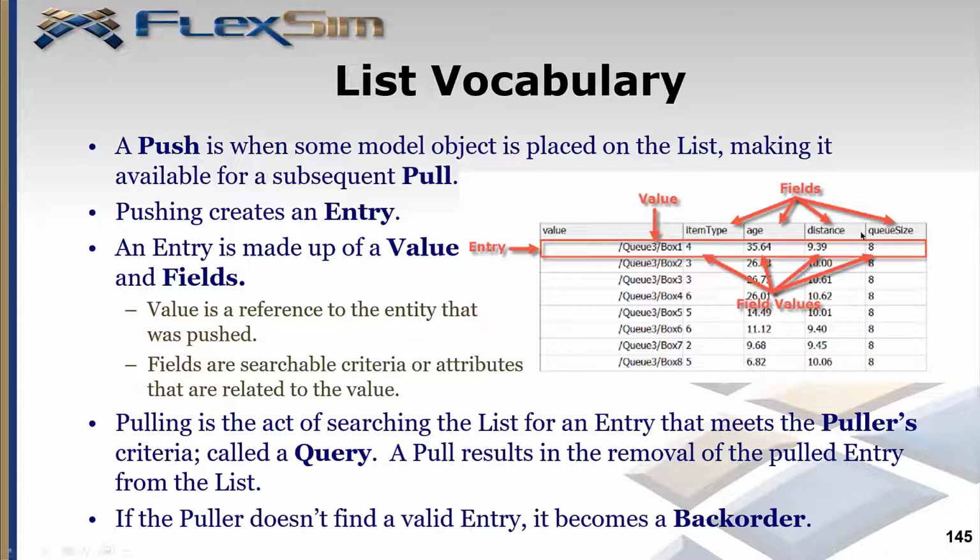The field data that you include as part of the entry is the set of criteria you use to determine how to choose the right entry on the list for this particular pull. And there could be a lot of things that you use as searchable criteria. Party size in the restaurant, that's one.